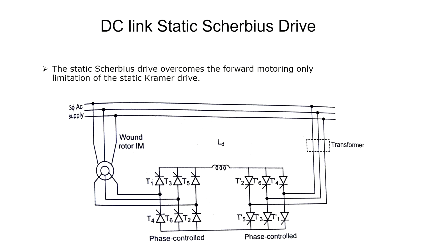It means that additional forced commutation circuitry is necessary for Scherbius drives, where both below and above synchronous speeds are possible. Also, this Scherbius scheme requires 6 thyristors in place of the 6 diodes present in the Kramer drive. Hence, the drive becomes costly compared to the static Kramer drive.